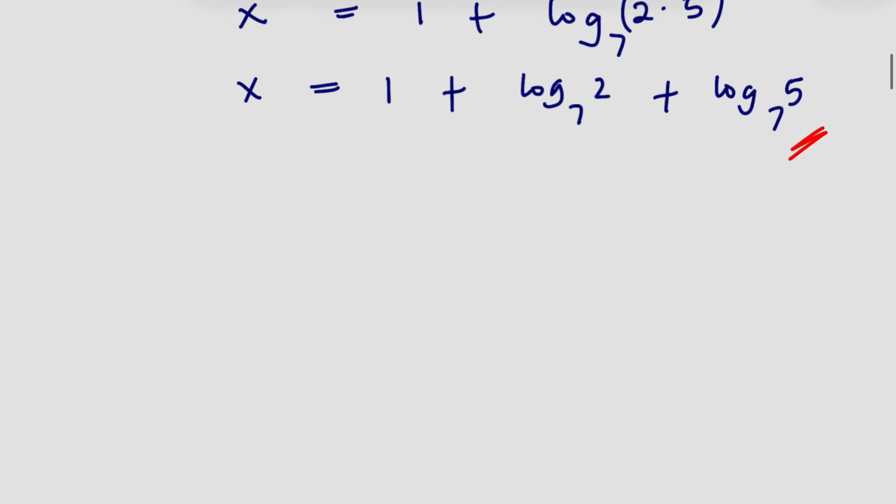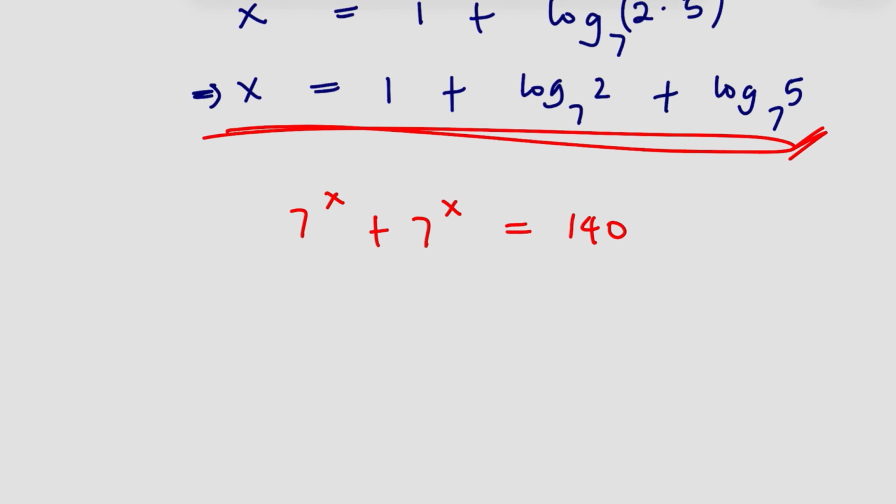A quick way to check if we are correct is to insert this value for x into the original equation, which is 7 raised to power x plus 7 raised to power x is equal to 140. This is the value for x. So let us substitute that into this problem, to see if our solution is correct.